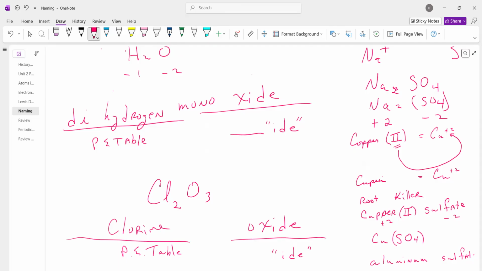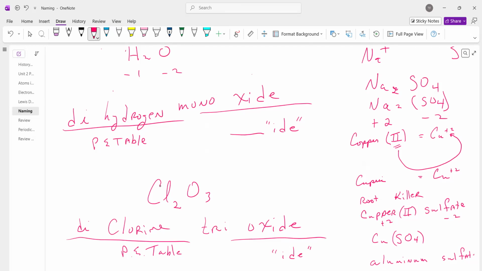So we have 2 chlorines and 3 oxides. So it's dichlorine trioxide. Very, very straightforward compared to the ionic ones.